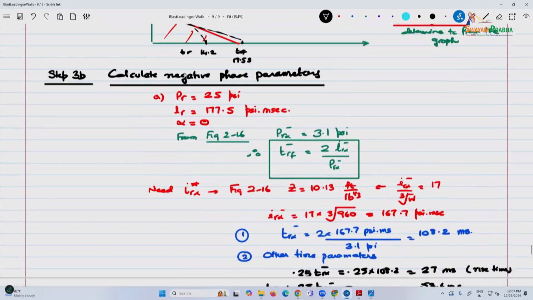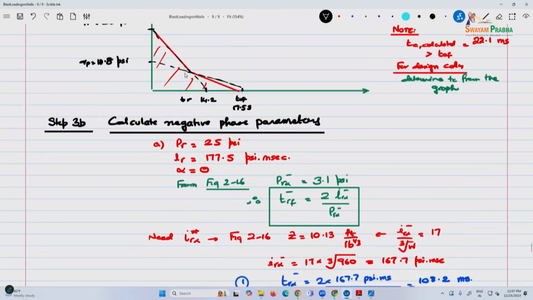And so if you go back here, I should have plotted this later on, we are starting. T naught is how much? 26.6. So this is 17.53.